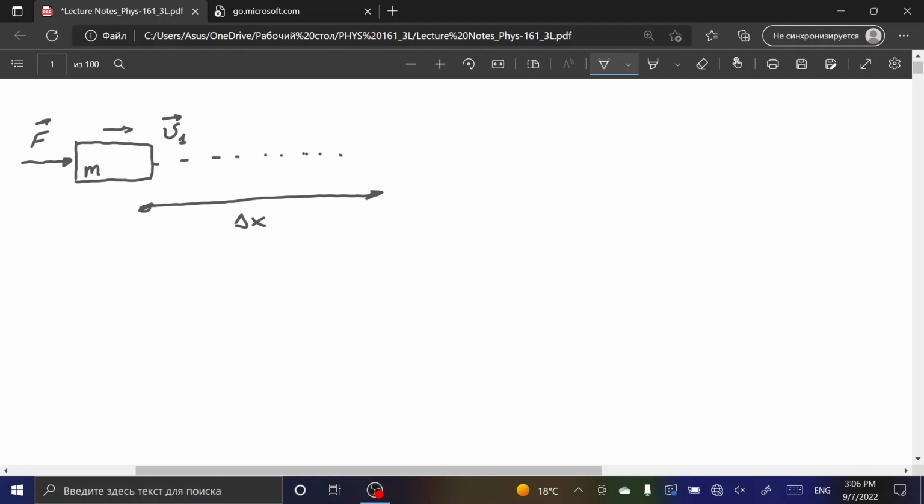So it reaches some new position. The mass doesn't change, it's the same, but the velocity vector will change. So we will have a new vector v2, and it will continue moving in this direction.